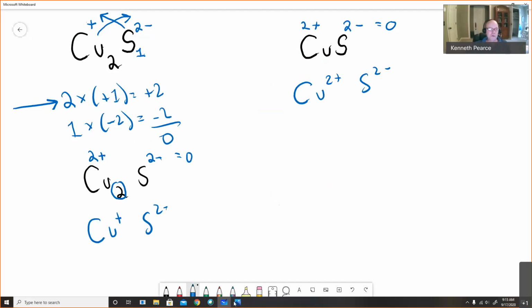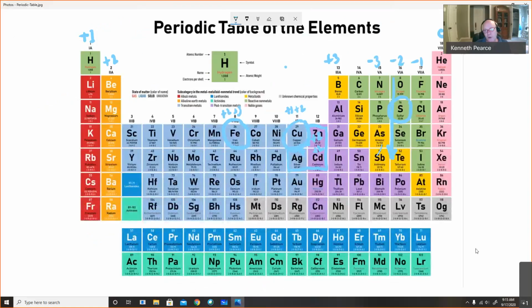So that's how you do variable charges with our transition elements. And by the way, it's not just the transition elements. All of these over here that are not transition elements also can have variable charges, and they do. And they have a special name.